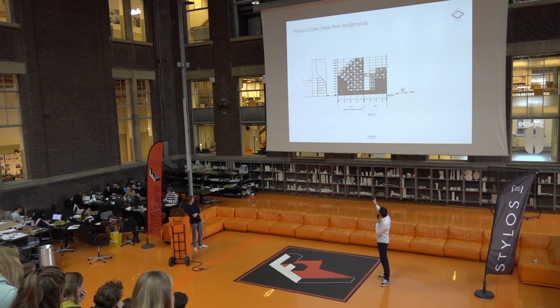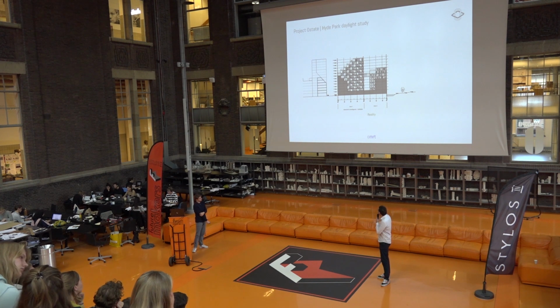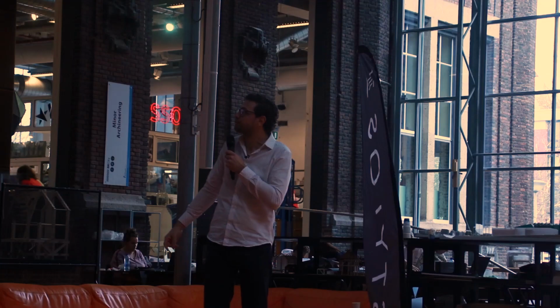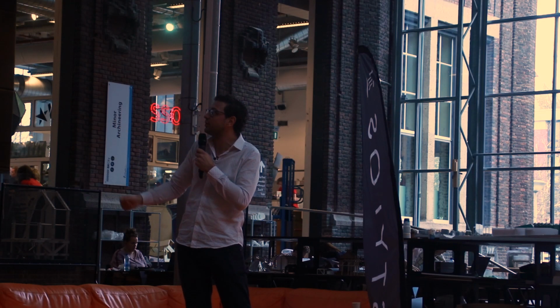It's 40 meters high with a street profile of 14 meters. So you can imagine that not much daylight comes into the lower ground floors of the building itself. But still, according to the building code, we could calculate it as if there was none next to it.